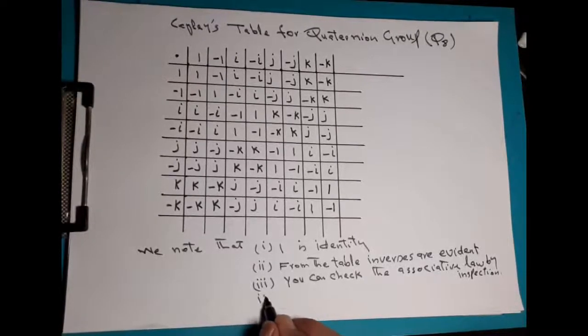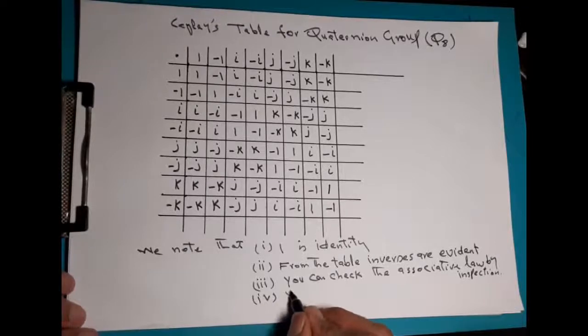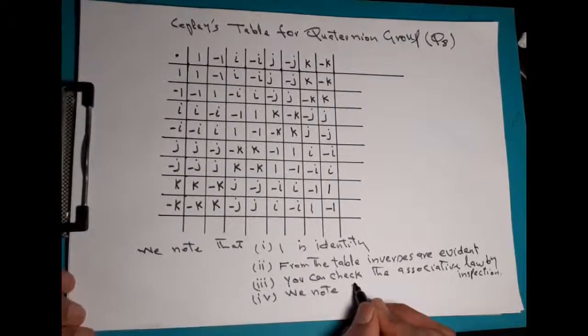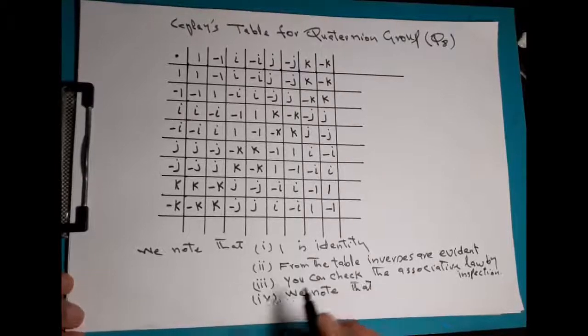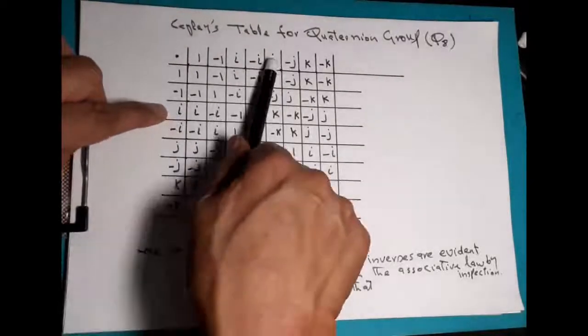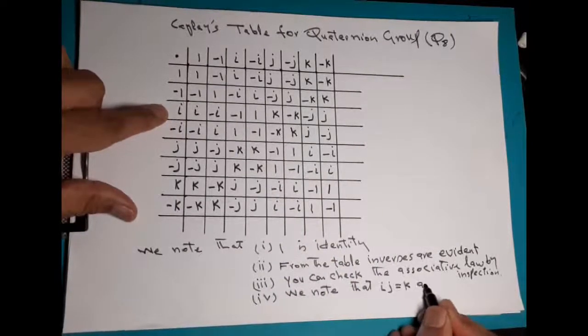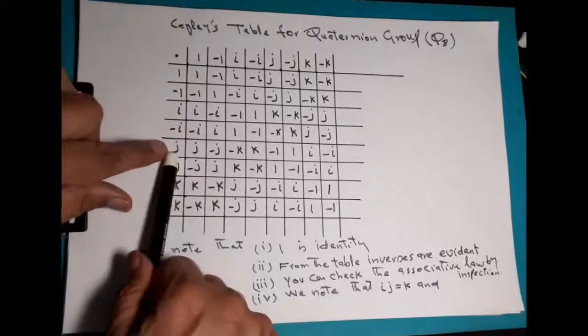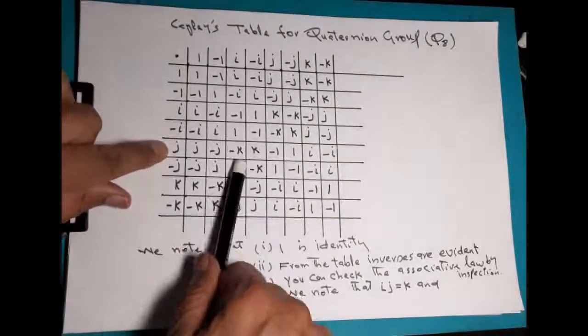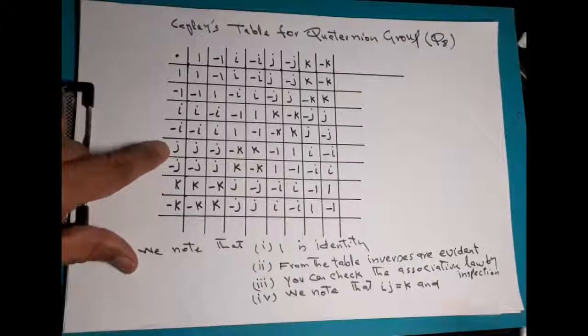And then number 4, we note that i multiplied with j is equal to k. So ij is equal to k, and j multiplied with i is equal to minus k.